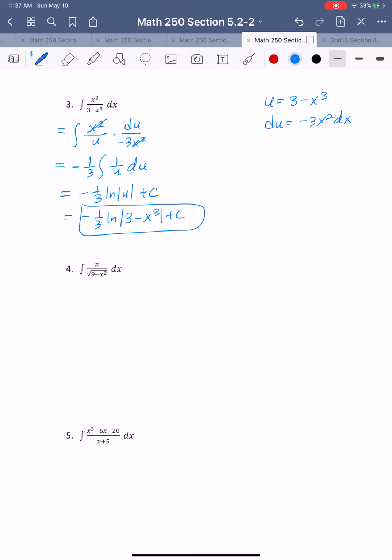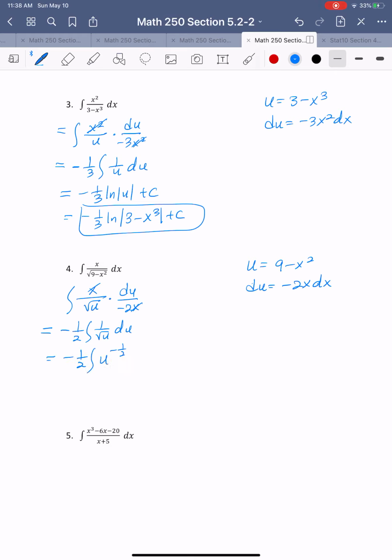Now number 4, I want to say u is 9 minus x squared, which means du is negative 2x dx. So the integral of x over radical u, and dx is the same as du over negative 2x. The x cancels out, negative 1/2 comes out, the integral of 1 over radical u du, which is the same as u to the negative half du.